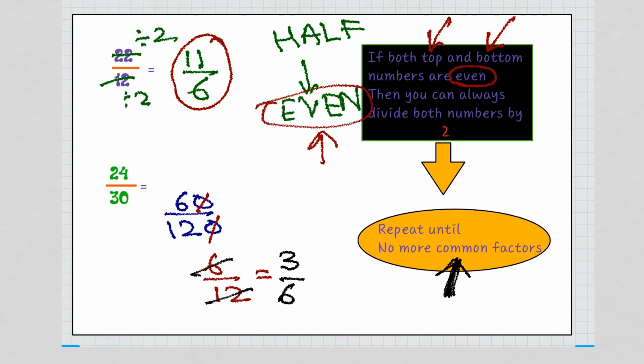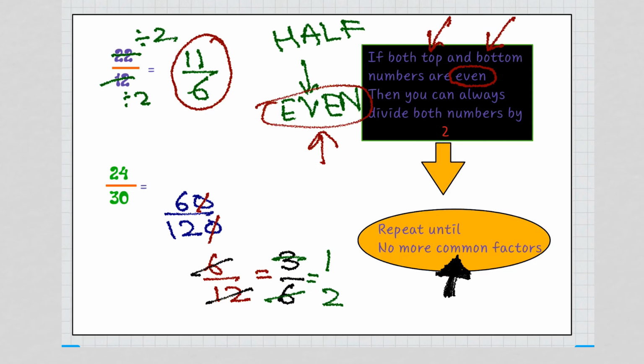We can carry on simplifying it until we get to the stage where we don't find any more common factors. So 3 and 6, they go into the table of 3. 3 times 1 is 3 and 3 times 2 is 6.